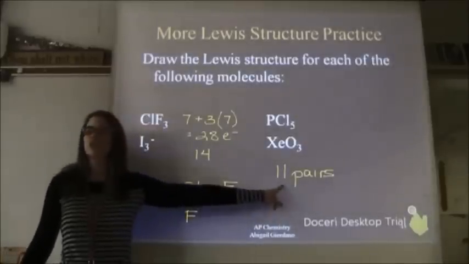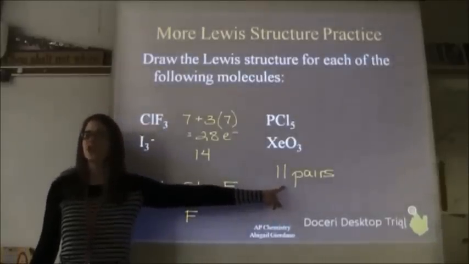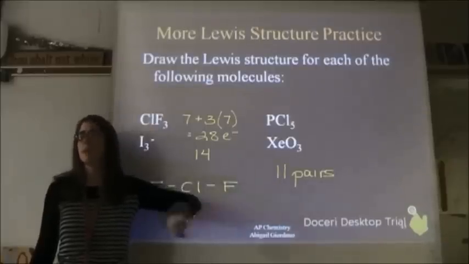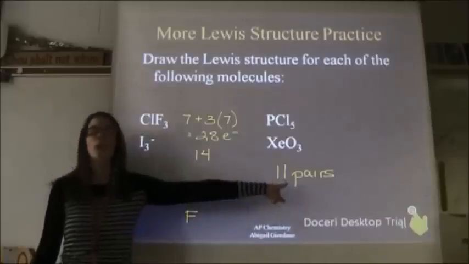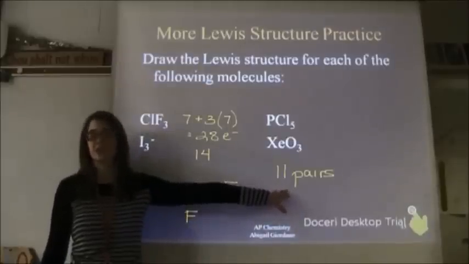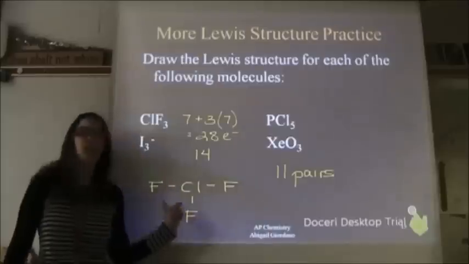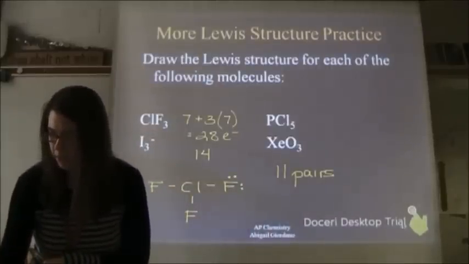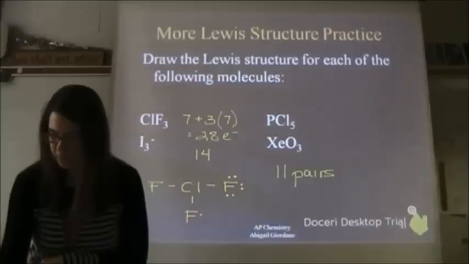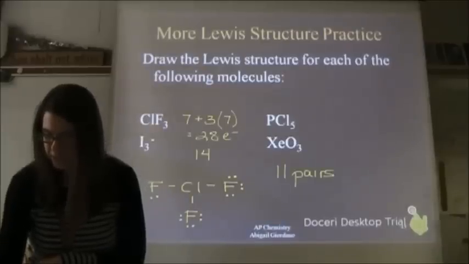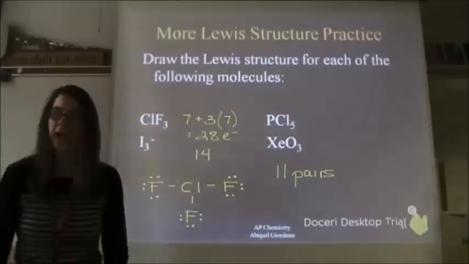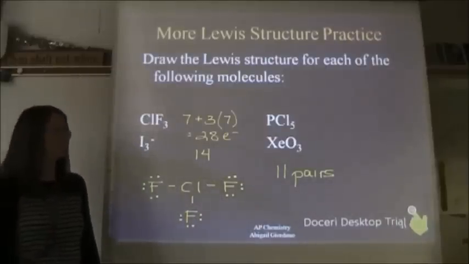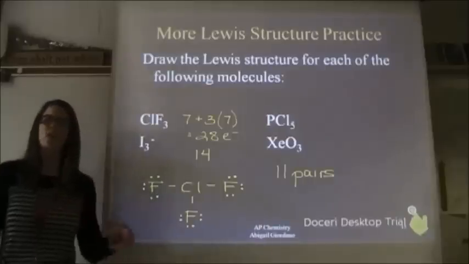And anything that you have left over, what kind of pairs are these? Lone pairs. How do you draw them? Dots. Where do you put them first? The terminal elements. Great. 1 pair, 2 pair, 3 pair, 4, 5, 6, 7, 8, 9. Where do you put any that you have left over?